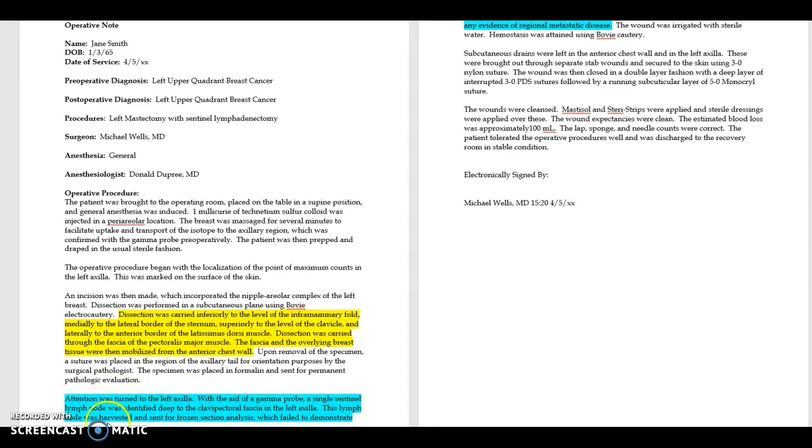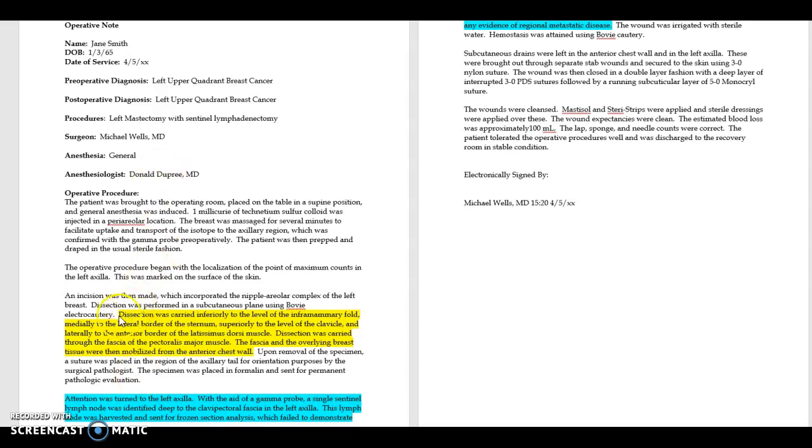They say the lymph node was harvested, which means they're taking that lymph node out and then sending it on for frozen section analysis. So this includes removing a lymph node. You need to make sure that you're choosing a mastectomy code that does include removal of the lymph node, and there is a code that does include that.